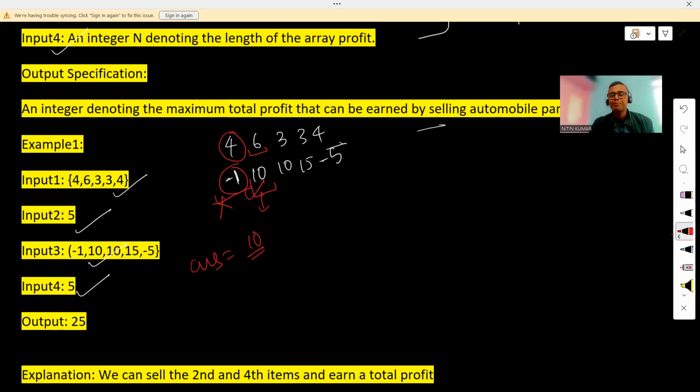Now again, the next unique ID is 3, and by selling that unique ID we are getting a profit of 10. Usually we would simply sell that and get the profit. But here the catch is, my friend.